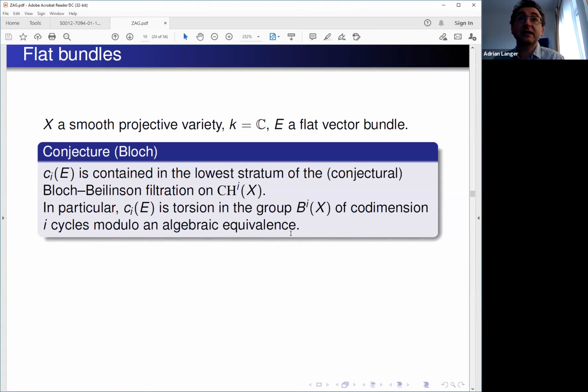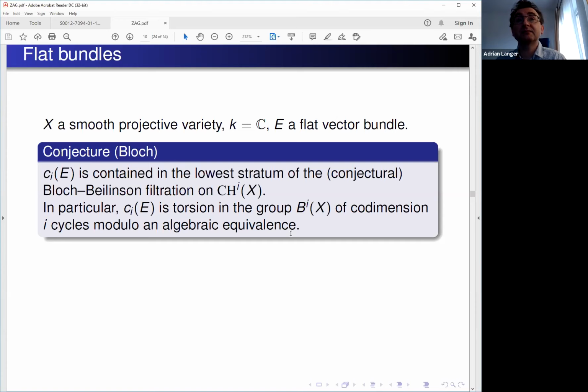But one can see that this conjecture implies that these classes are torsion in the groups of codimension i cycles modulo algebraic equivalence. So we don't take it modulo rational equivalence, but modulo algebraic equivalence, and then this conjecture predicts that these classes are torsion.